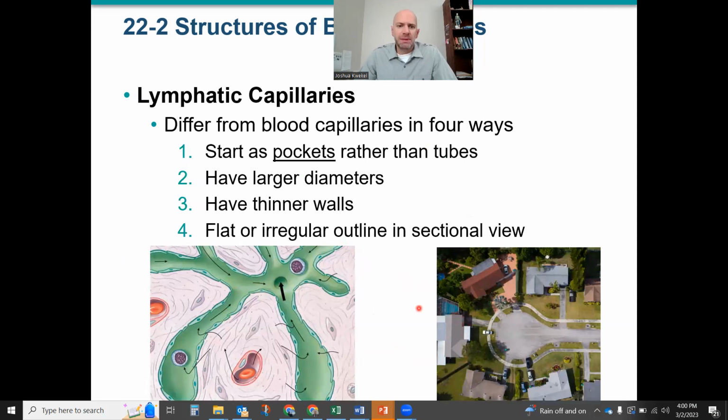So the lymphatic capillaries are analogous to what I call a cul-de-sac, right? So here's a neighborhood. The cul-de-sac is kind of a dead-end road. And so these are the lymphatic capillaries. So the pinkish tissue here is the interstitial space.